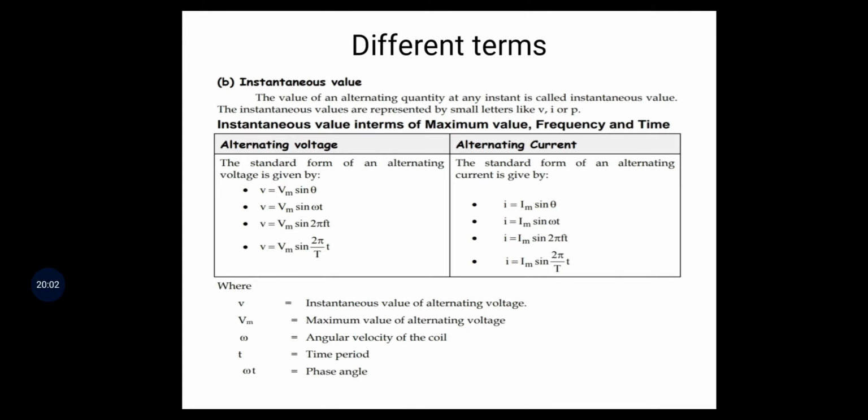Here f is equal to 1 by T, that's why v equal to Vm sin (2 pi by T) into t, i equal to Im sin (2 pi by T) into t.